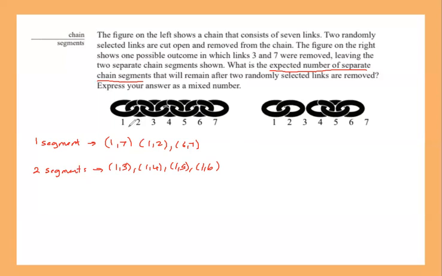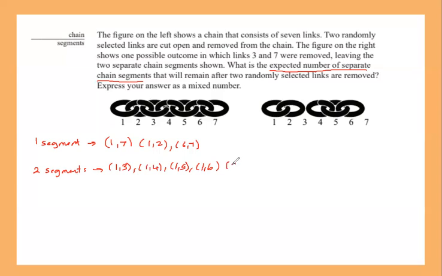But we can also remove something from the middle. Like I can remove maybe 2 and 4. If I remove 2 and 3, that will also work, because if I remove just 2 interior links, then this 1 will be alone, and what's left over to the right of the 3 will be alone. So that will be 2 segments.